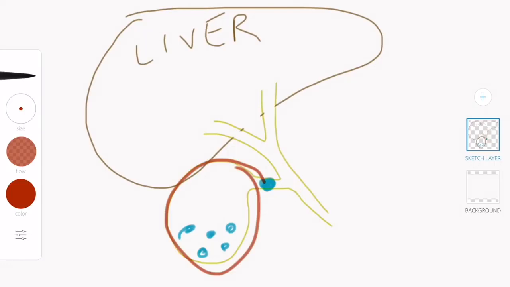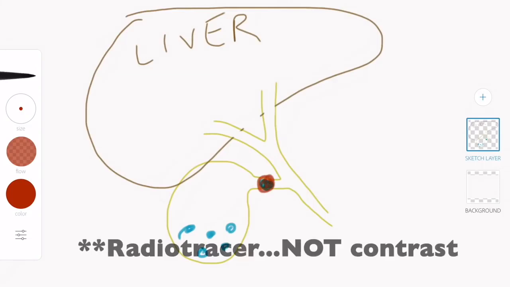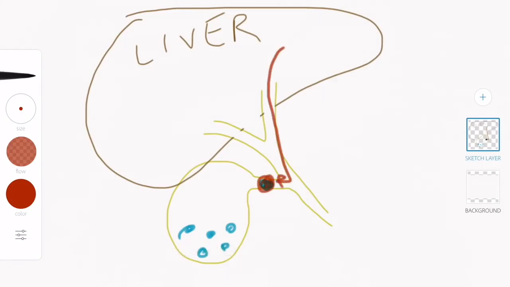Hopefully that makes sense. So when there's a stone blocking the cystic duct, contrast or radiotracer cannot go into the gallbladder, and therefore we will not see the gallbladder on our scan. So just to reiterate, this is a positive study for acute cholecystitis.